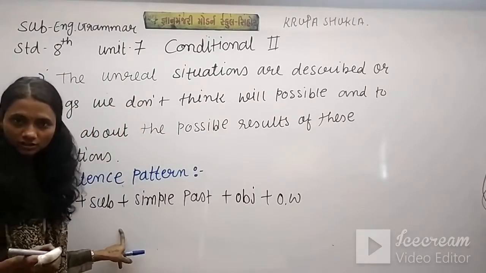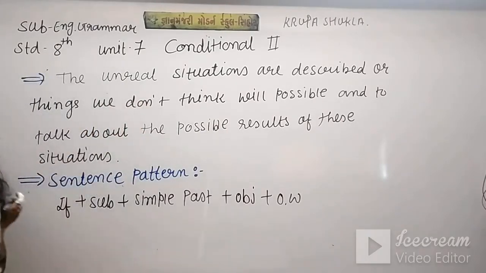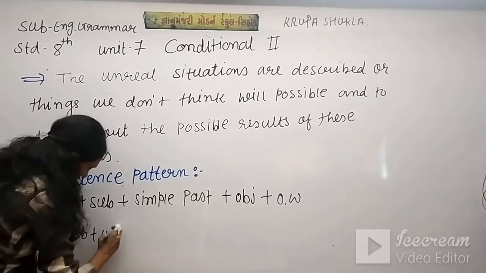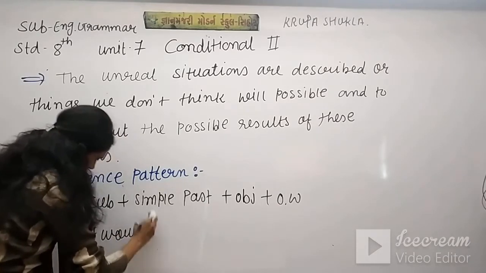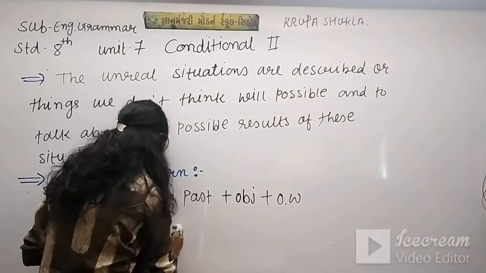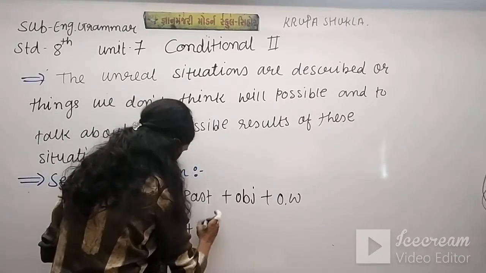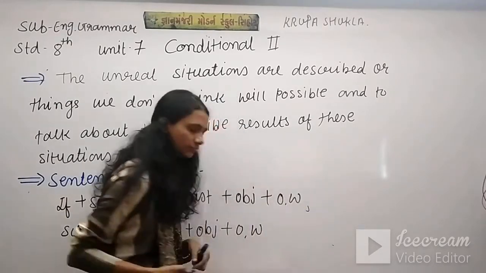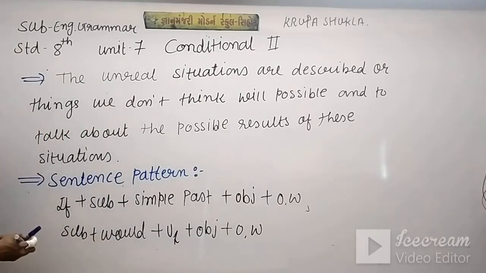This we have talked about is the if part. What about the main part? In the main part we have subject plus would plus V1, object, OW. So this is called the main part.